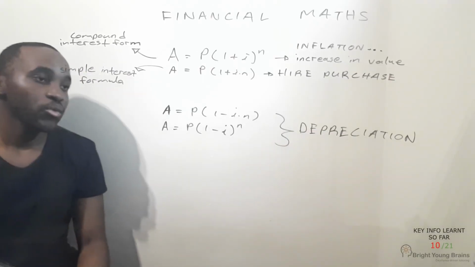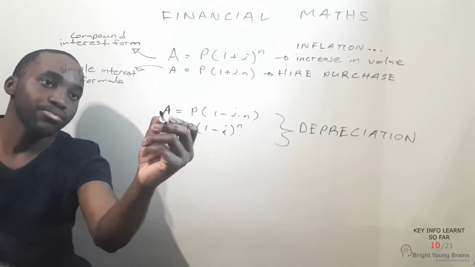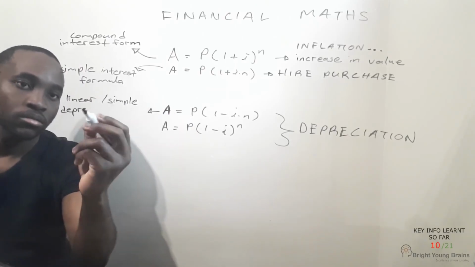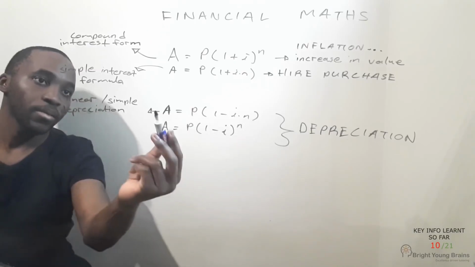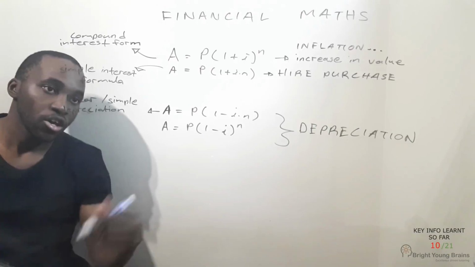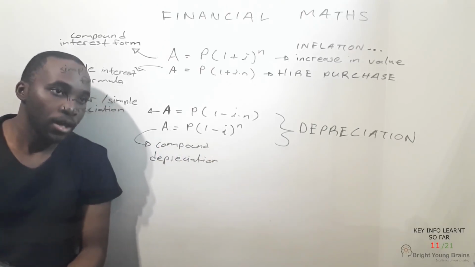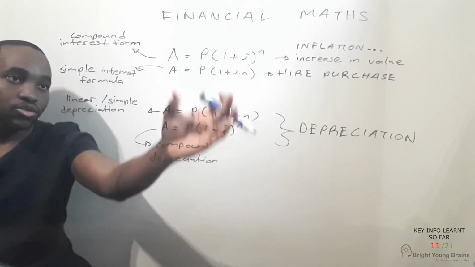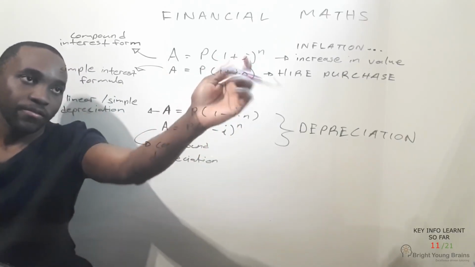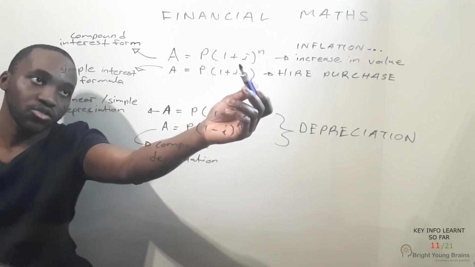So in a situation where we know that we are working with simple depreciation or linear depreciation, we will be using the formula at the top. When we are dealing with compound depreciation, we know that we'll be using this formula down here. Now the idea is obviously with these two pairs of formulas, the first pairs have plus symbols in between the 1 and the interest.